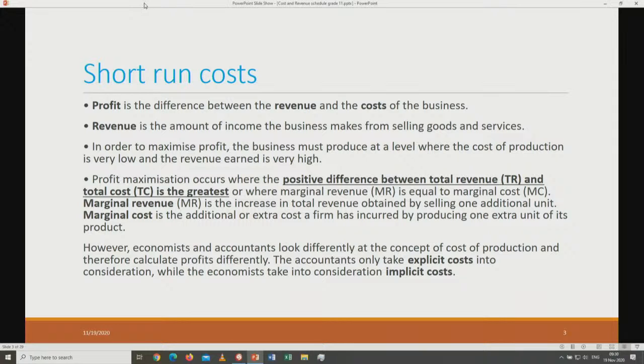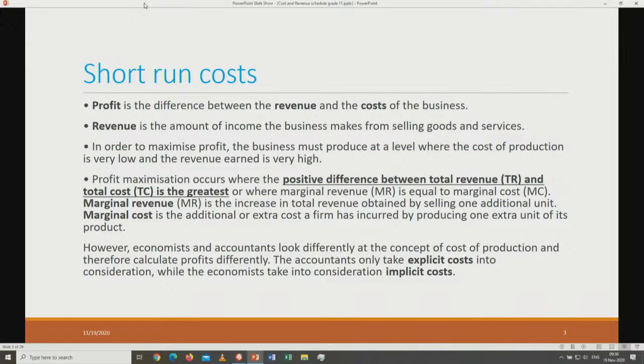So when we talk about profit maximization, which is one of the objectives of a business, this profit maximization happens where there is a positive difference between the total revenue and the total cost, or where the positive difference is the greatest. Then we're saying the business is maximizing profit. So what are we doing in order to look at the profit maximization situation in a business? We are looking at the total revenue of the business.